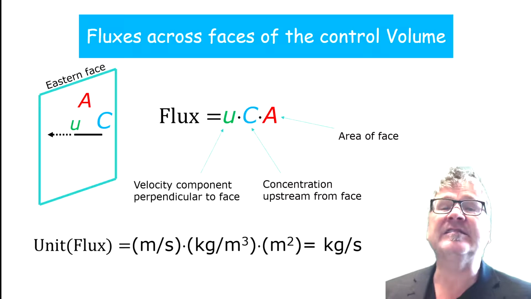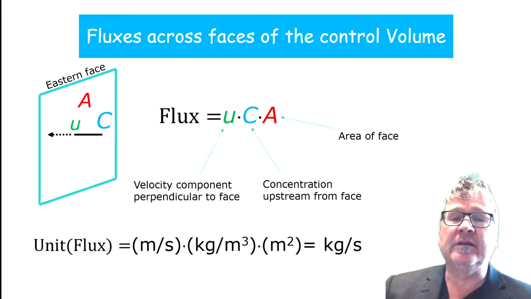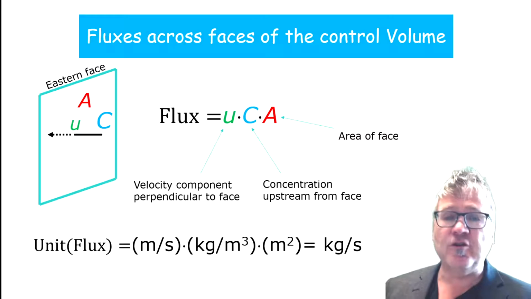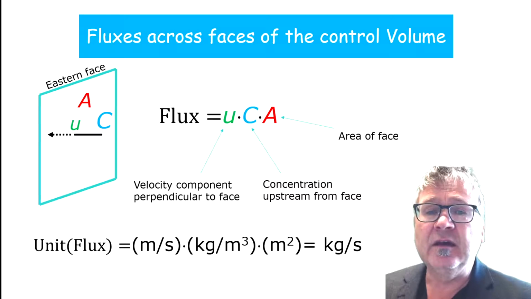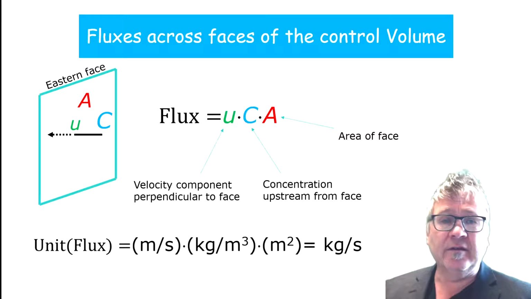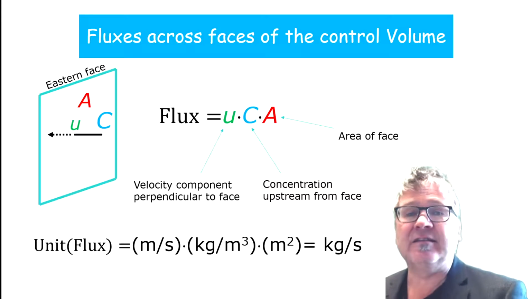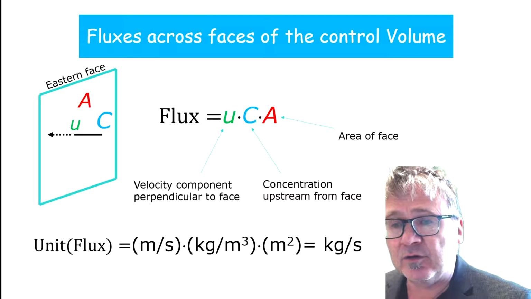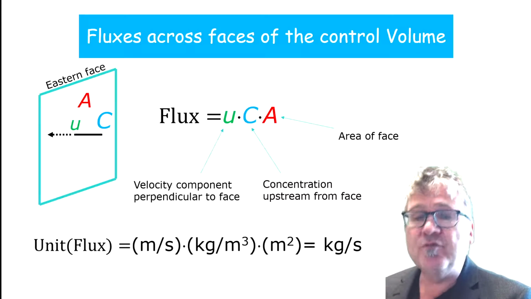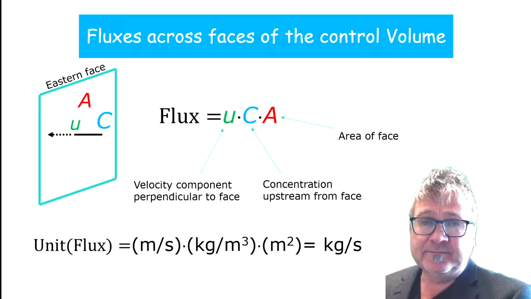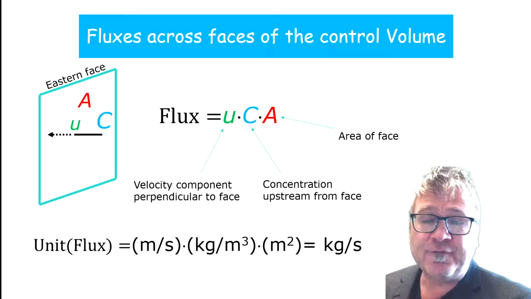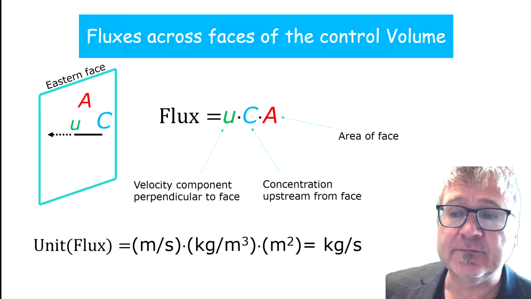If the velocity component is reversed, then it would be the flux of the property that's inside your control volume, and the movement of that through the face to the outside.